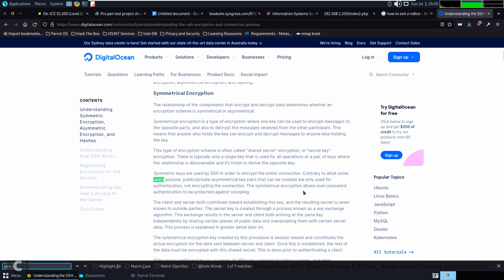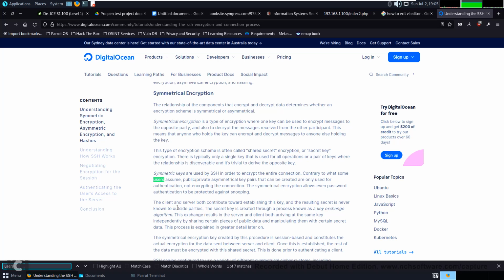The symmetrical encryption allows even password authentication to be protected against snooping. So what it's saying is, contrary to what some users assume, public-private asymmetrical key pairs that can be created are only used for authentication, not encrypting the tunnel. Symmetrical keys, the ciphers used for that, is what encrypts and builds the tunnel that you'll drive through.